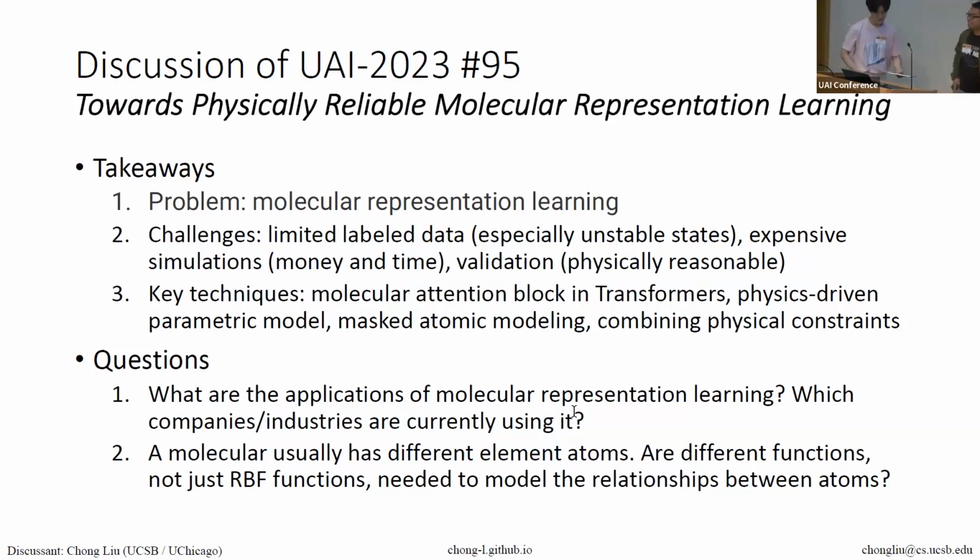Okay. For the first question, as I mentioned, this is widely used in material screening tasks. For example, displays like phones or computers, it is very essential to estimate the HOMO-LUMO gap of a given molecule.